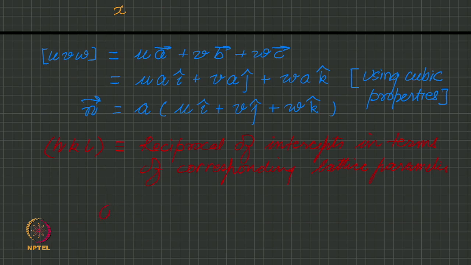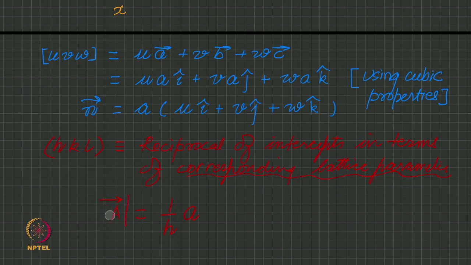What exactly does that mean? H was the reciprocal of the intercept, so the reciprocal of H will be the intercept OA, but in terms of the corresponding lattice parameter, so I have to multiply it by A. That will be the magnitude.